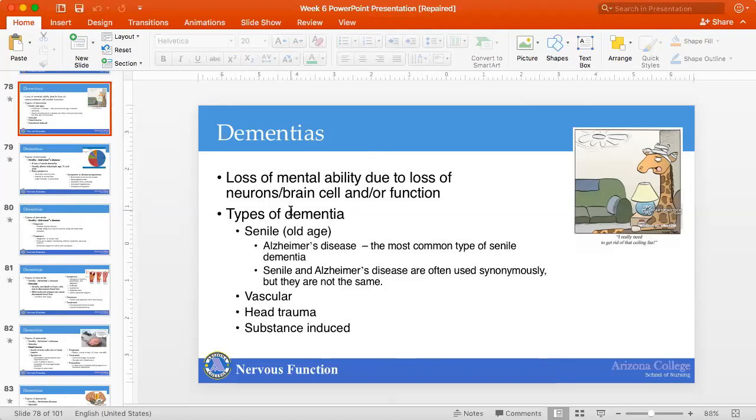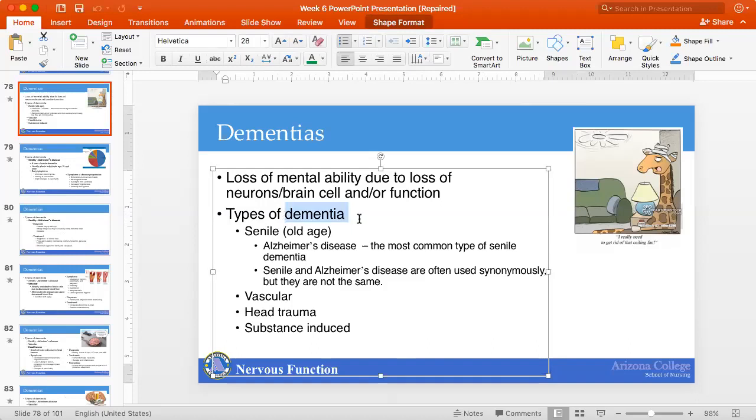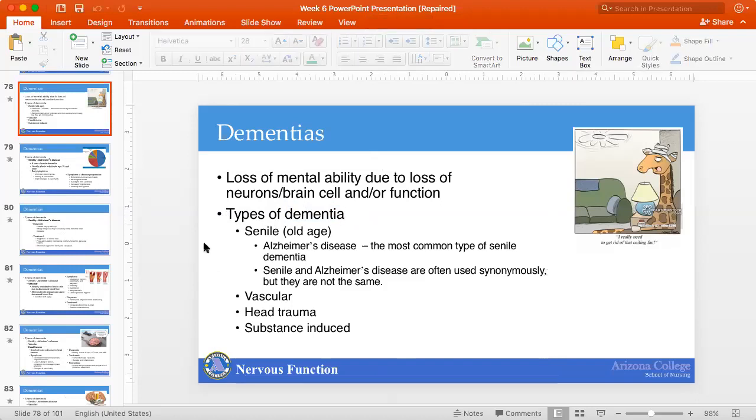dementia is a broad term used, it's almost similar to autism, in that autism is a spectrum of behavioral and social problems that a person will have, and it's the same thing with dementia, in that there are different types of dementia.